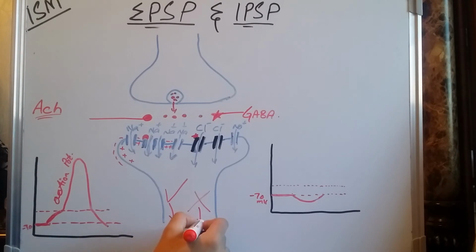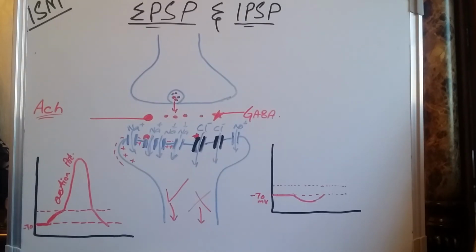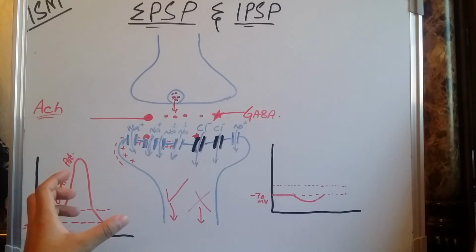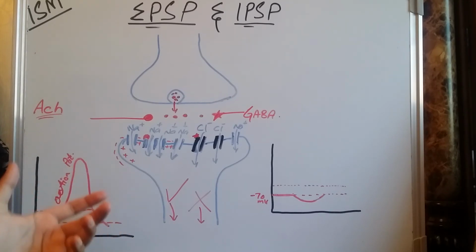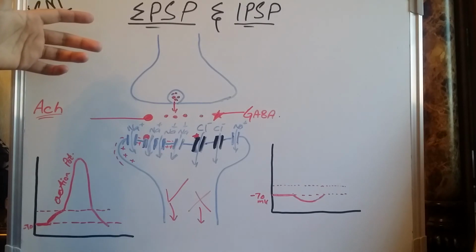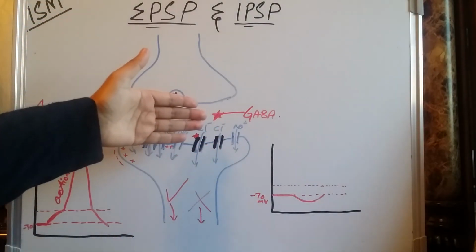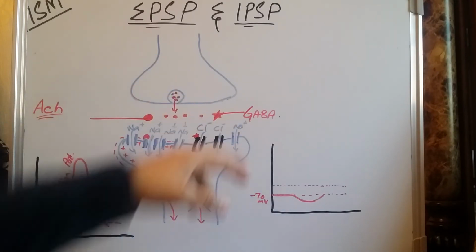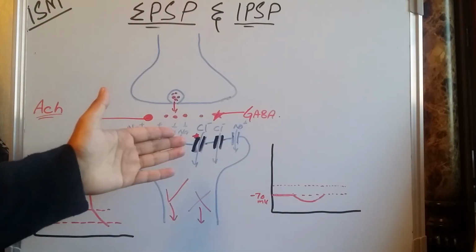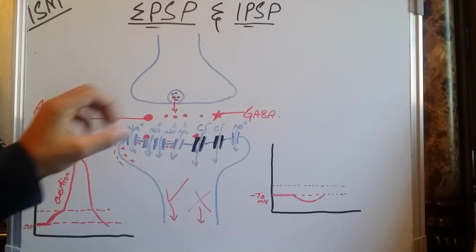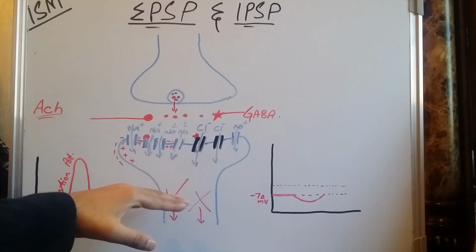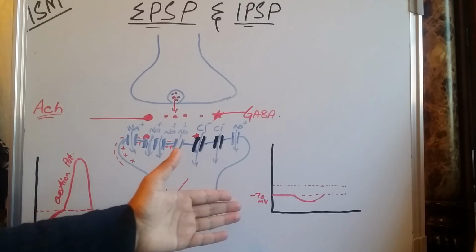So here two points are clear: there are different types of neurotransmitters. Certain types of neurotransmitters cause the postsynaptic membrane to generate an action potential, and they are called excitatory postsynaptic potentials. And the other type of potential, which is created by certain neurotransmitters known as GABA and glycine, will open up more chloride ion channels, and the entry of more negative ions inside makes the resting membrane potential more negative.